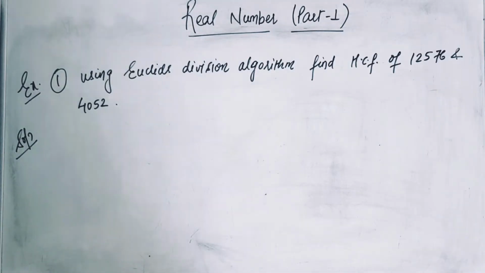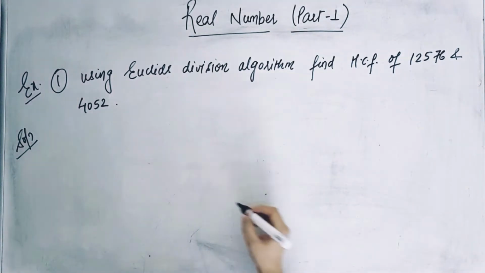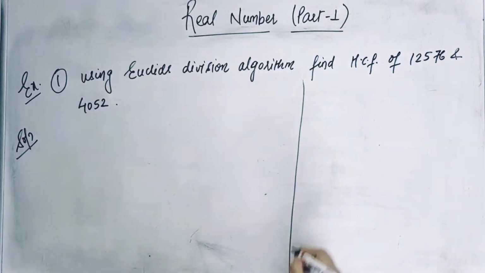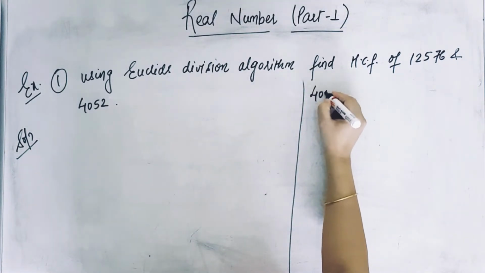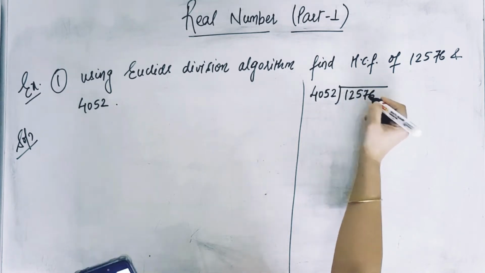So the question is, using Euclid's division algorithm, find the HCF of 12576 and 4052. Again, in rough, we'll solve by the long division method. 4052 divided into 12576.